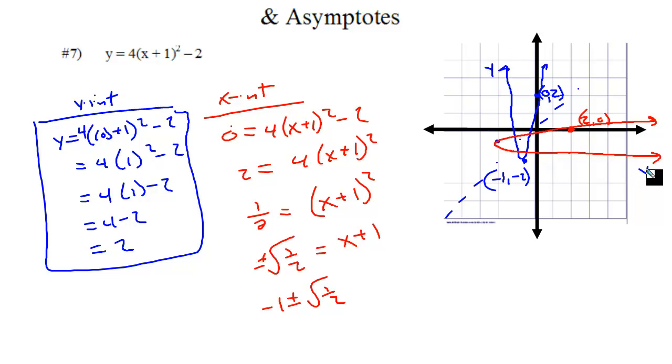This is function y, this is function y prime. Y has x-intercepts of negative 1 minus the square root of 1/2 and negative 1 plus the square root of 1/2.